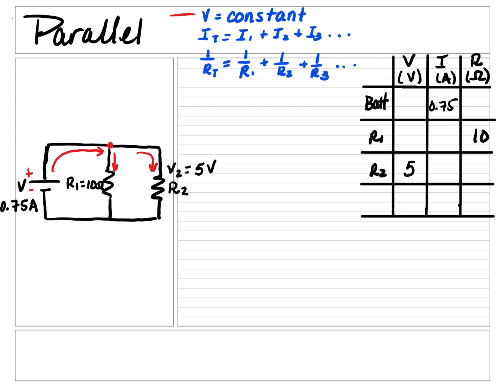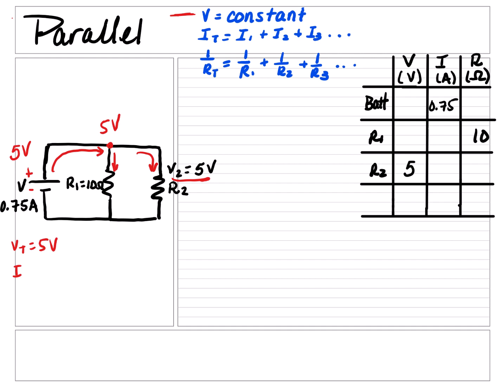What is given is V2. V2, the voltage, is 5 volts. We know this circuit is parallel, so that means R1, R2, and the battery are in parallel. So if V2 is 5 volts, then V1 is 5 volts, and the battery is 5 volts. So we could find the total resistance because we know the total voltage is 5 volts.